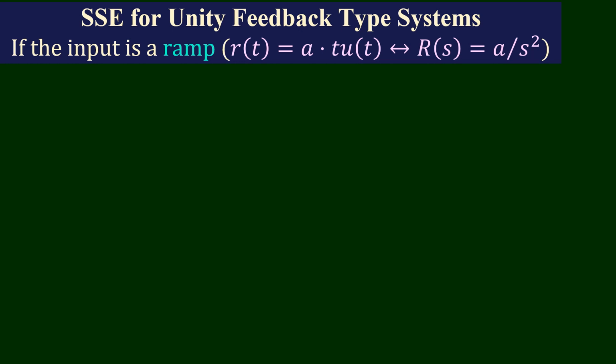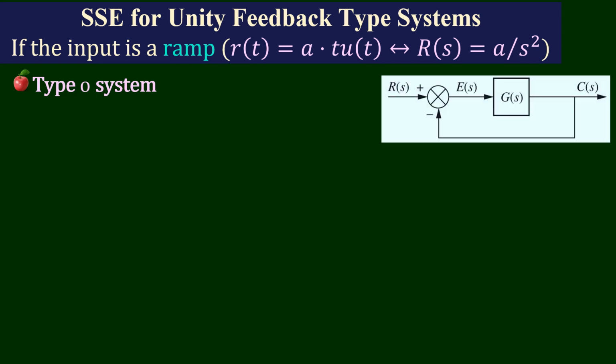So now we will discuss whenever the input to the system is a ramp function, and the system is type 0. Type 0, we know that in the transfer function there is no pure integrator.